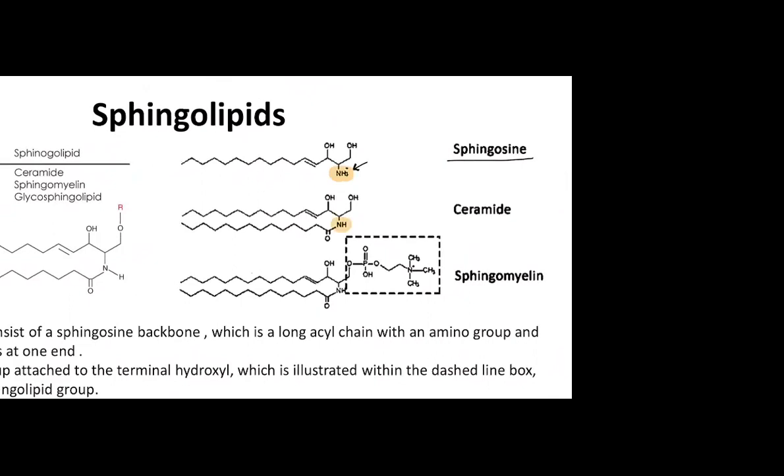So let me label this in a moment. So we are connecting our fatty acid to the amino portion of the sphingosine. As we learned in chapter 14, when an amine and a carboxylic acid are linked together, what we form is an amide bond.